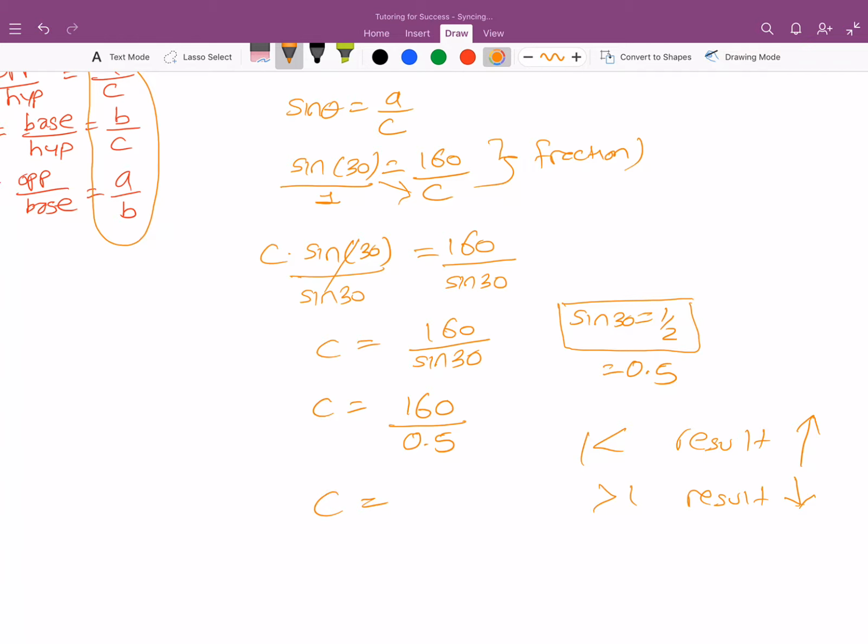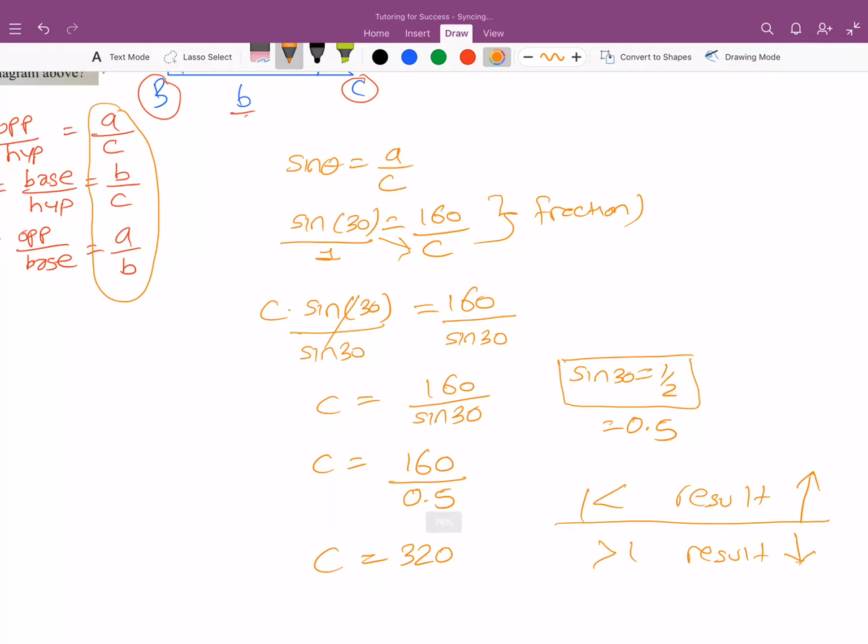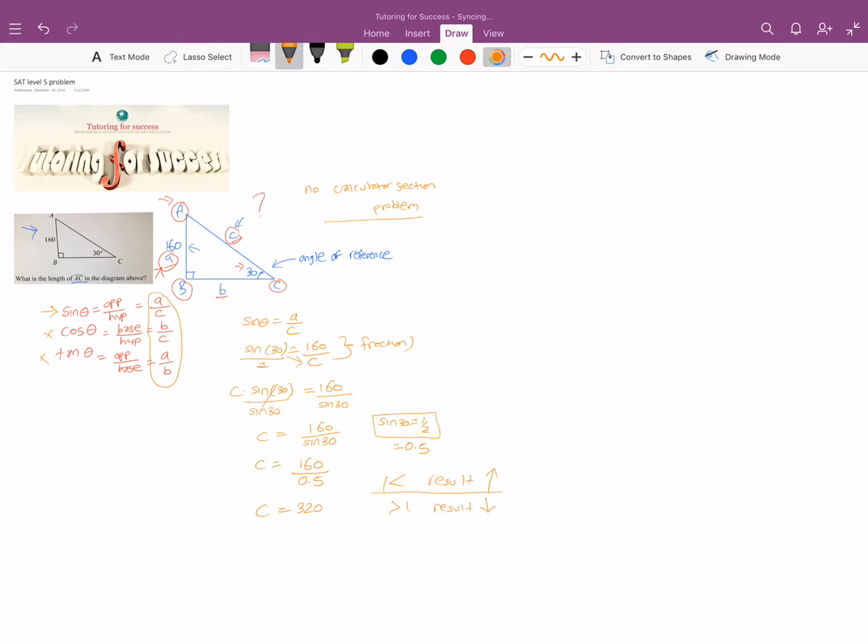So if you have 160 divided by 0.5, you might say 80, but that's wrong because your result should go up. So it's just twice 160, which would be 320. So C, in my case representing AC, is 320. So your answer for AC was 320, and that would be my answer.